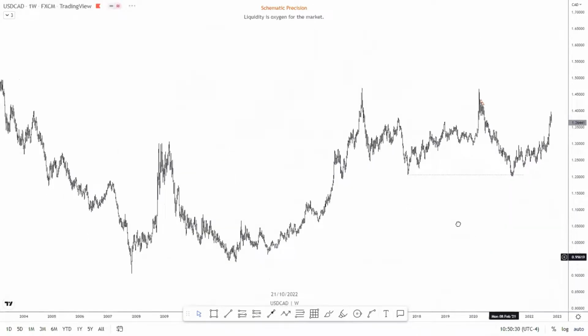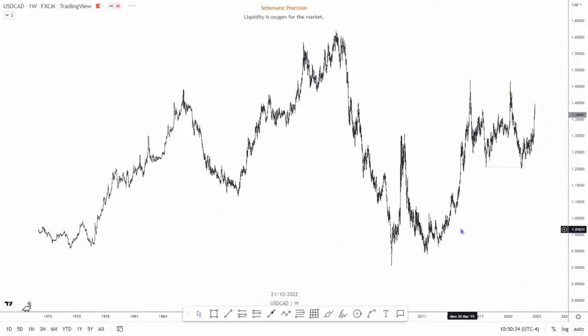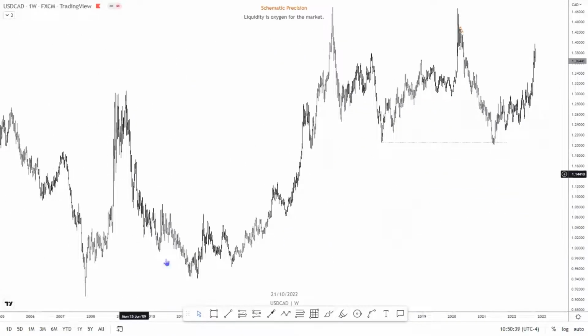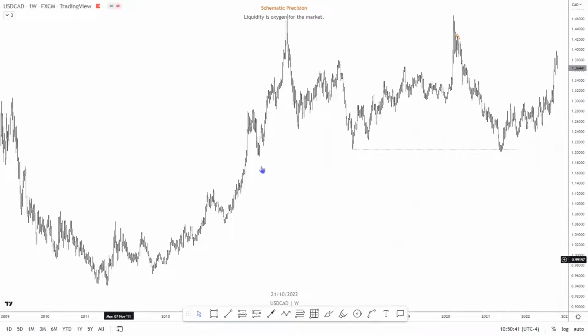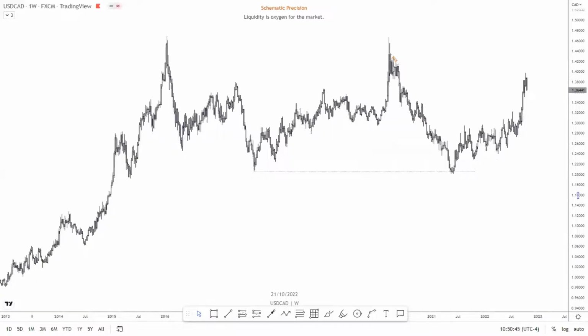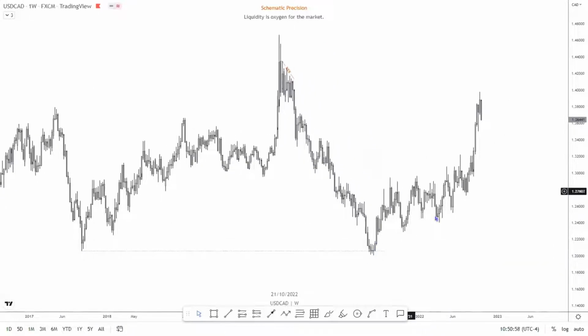So let's talk a little bit as per the higher time frame, not going too far back. Price has been bullish. If you see the market right now on the weekly time frame, the market has been bullish. And what recently happened was price took this major liquidity, which was from 2017, which has been taken in 2021. After taking that liquidity, price has been extremely bullish.